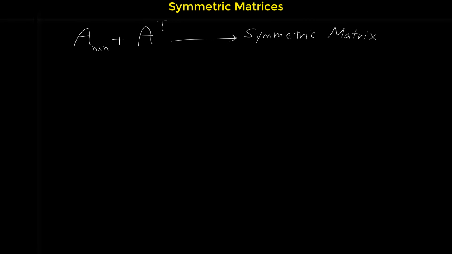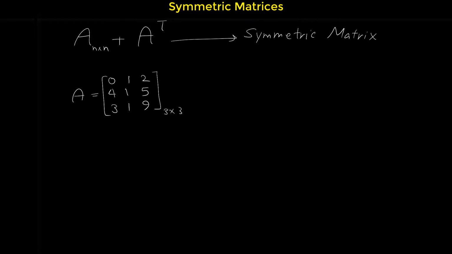Let me show you by an example why this is true. For example, consider a 3 by 3 matrix: 0, 1, 2, 4, 1, 5, 3, 1, 9. This is a 3 by 3 matrix which is not symmetric.